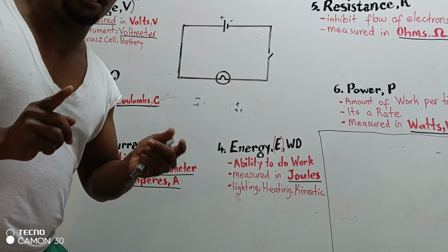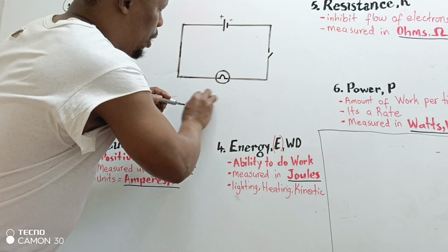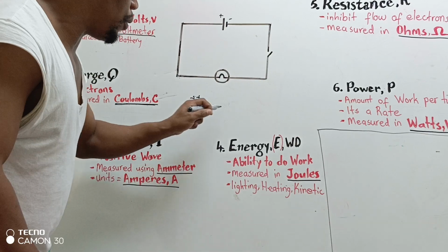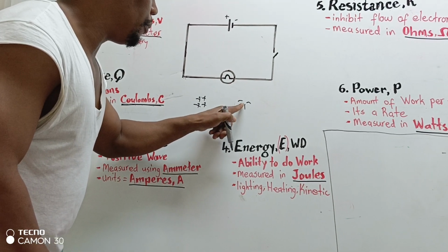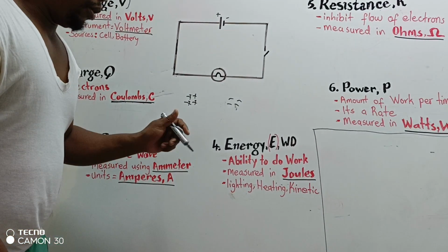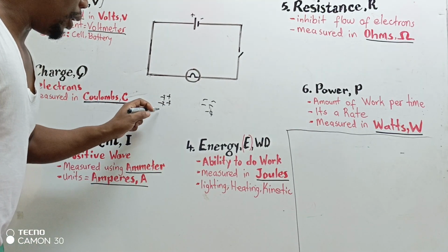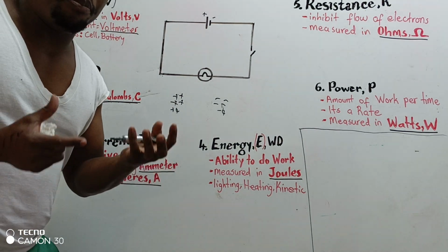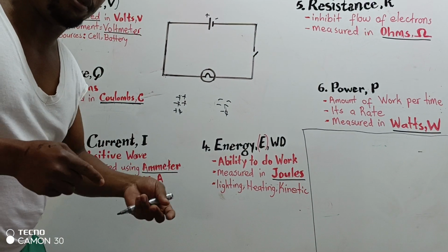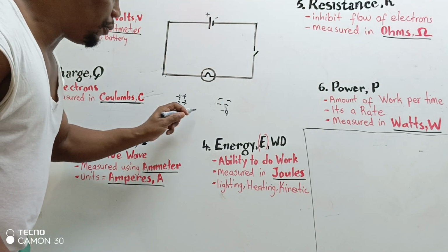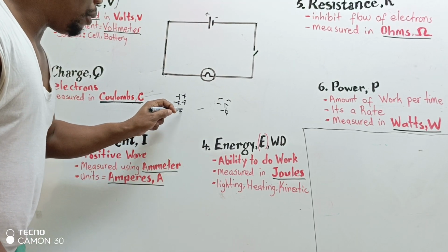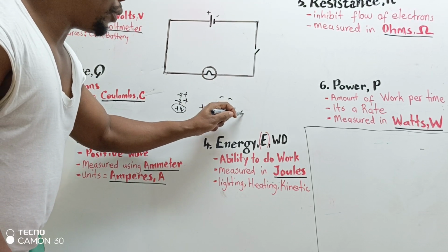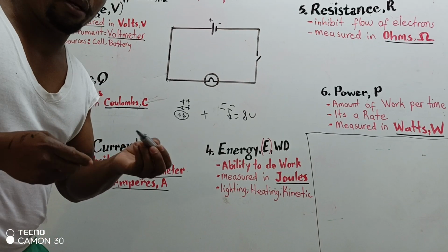So the voltage here is 2. Now say the electron side has negative 4 and the proton side has plus 4. To get the potential difference we subtract: plus 4 minus negative 4 gives 8 volts. So that's what you call a potential difference.